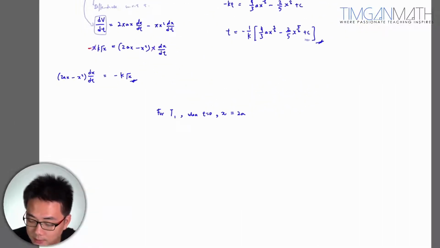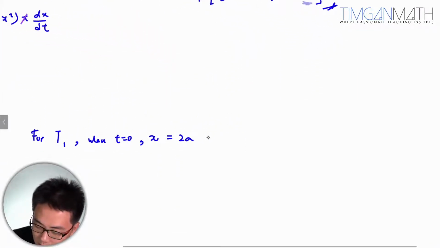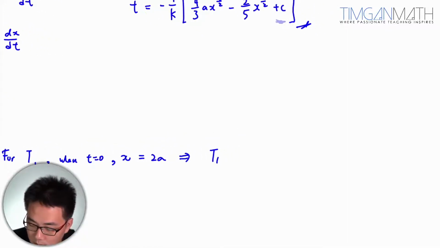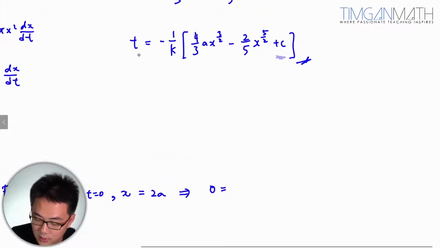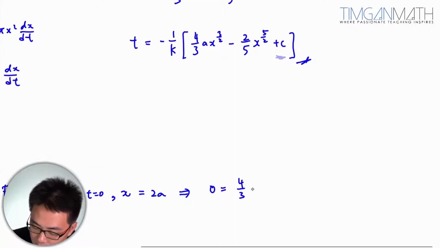So when X is 2a, T equals 0. When T is 0, this whole thing is 0, so substituting X is 2a, this is a, goodness, it's going to be very complicated.